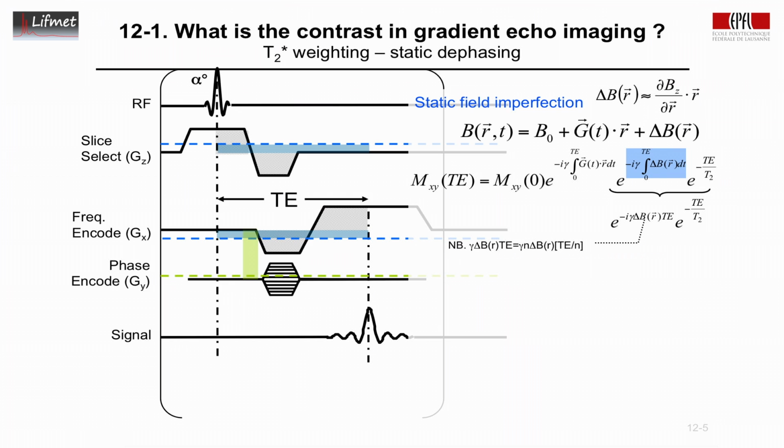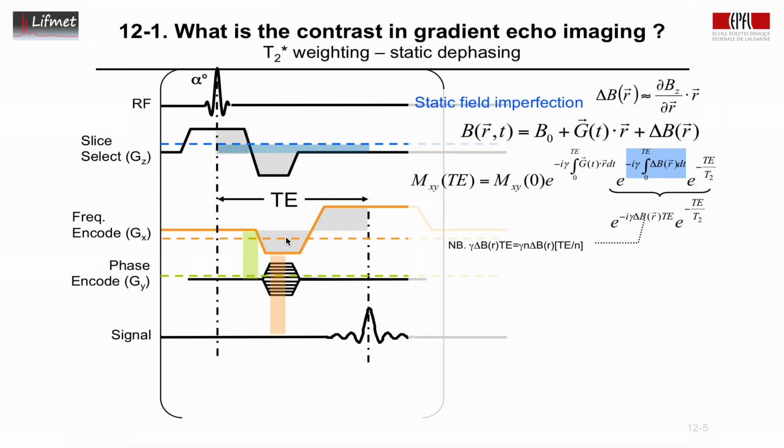We can do the same, and I'll change the color here for the readout. So we have the area in orange here. We'll shorten it, increase the amplitude, and now we'll move it somewhere else. So what do we see here now? For a perfectly balanced imaging sequence, the area here is the same, so the echo will be here.